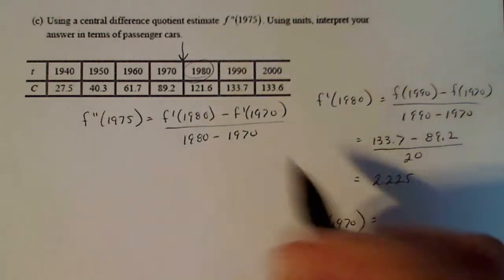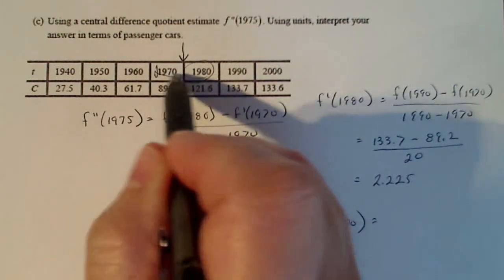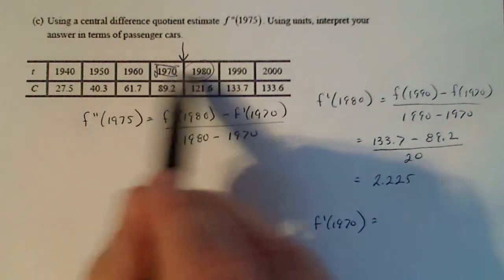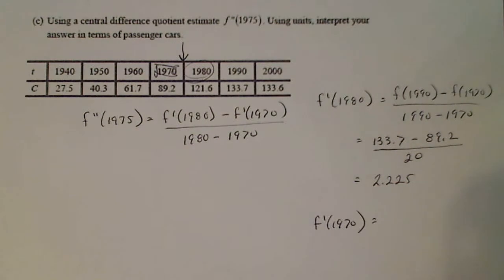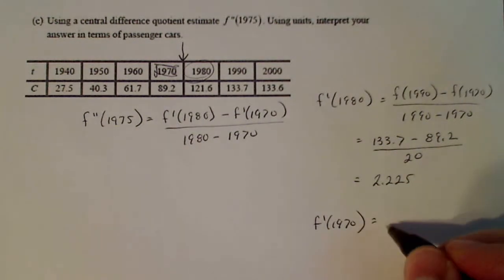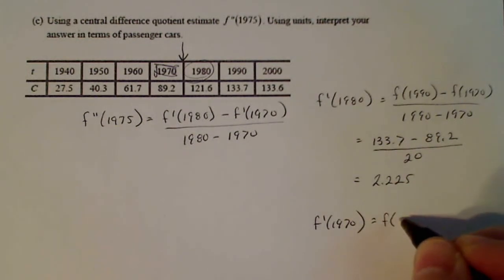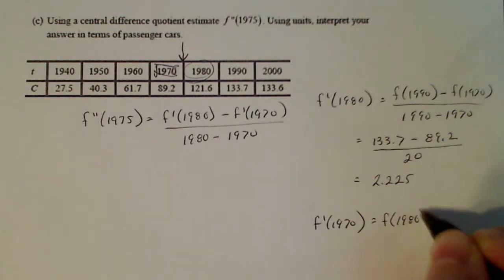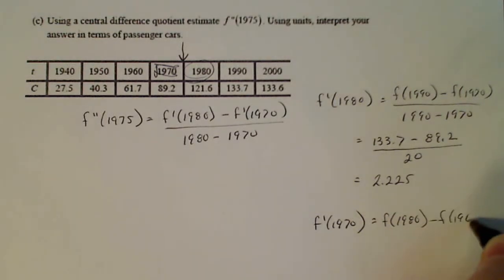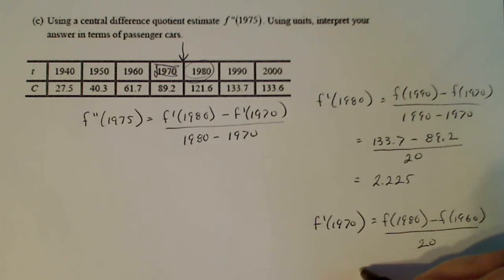Do the same thing for 1970. I'm going to use the two numbers on both sides to make it a central difference quotient. It weirdly enough is the most accurate. So this is going to be f of 1980 minus f of 1960 divided by 20. Really this 20 should be 1980 minus 1960.